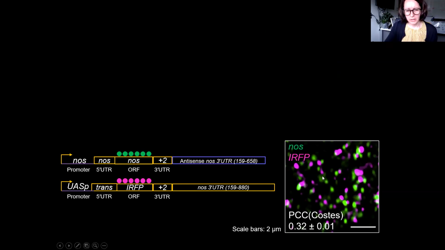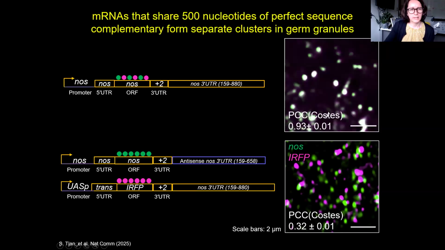So she observed that the two RNAs came to the same granule, but actually very poorly colocalized. And for comparison, an RNA that's labeled with two sets of probes has a very high colocalization. So clearly, these two RNAs were not interacting with each other, at least not very efficiently.